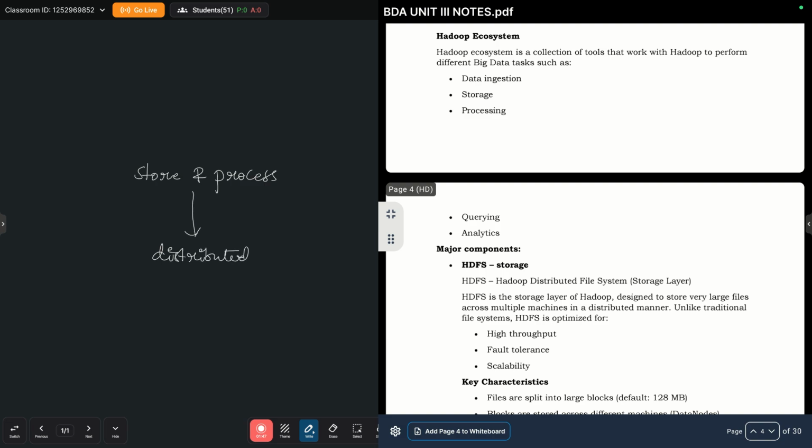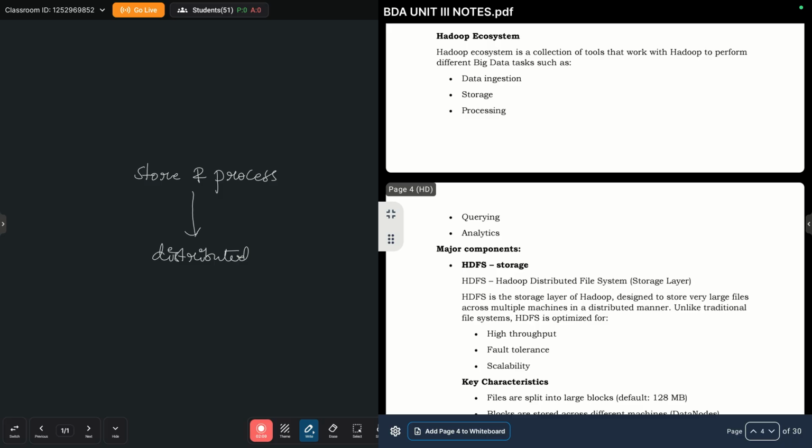The problem with the traditional tools is that we cannot store data in a distributed manner. We have a single server, and in that server only we store the data, which is basically structured data. Whereas big data has a wide variety of data: structured, semi-structured, and unstructured data.